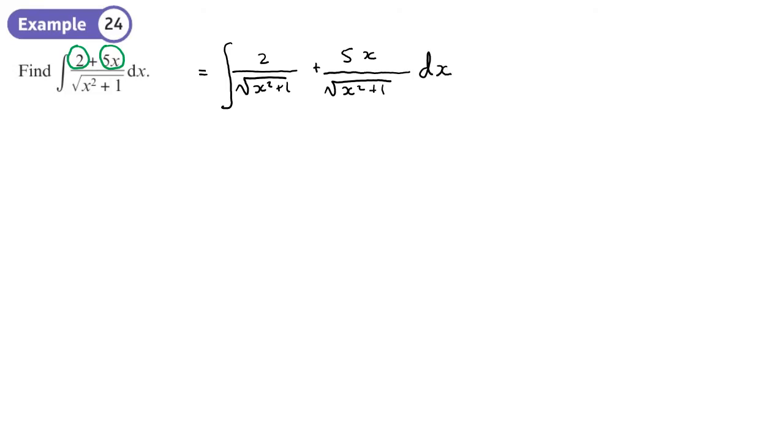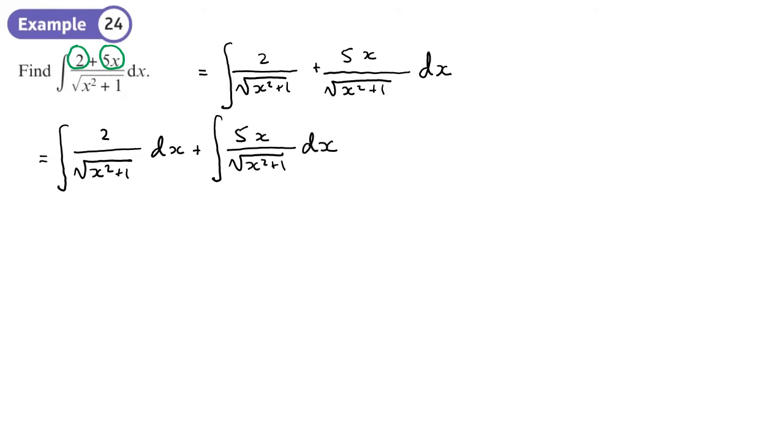Now, whenever you have two integrals like that, you can just put an integration sign in front of both parts. So we could write this as the integral of 2 over the square root of x squared plus 1 dx plus this integral 5x over x squared plus 1 dx, like this.